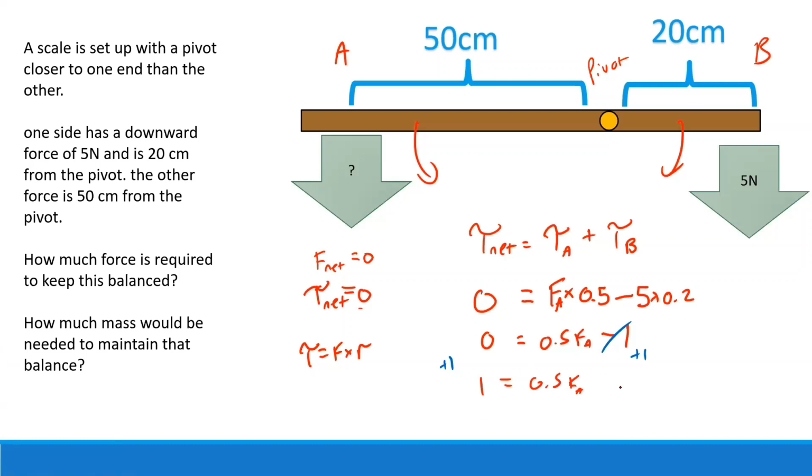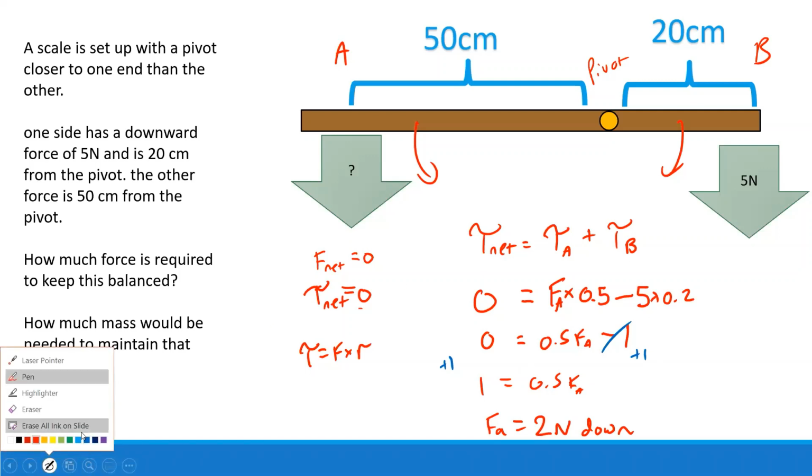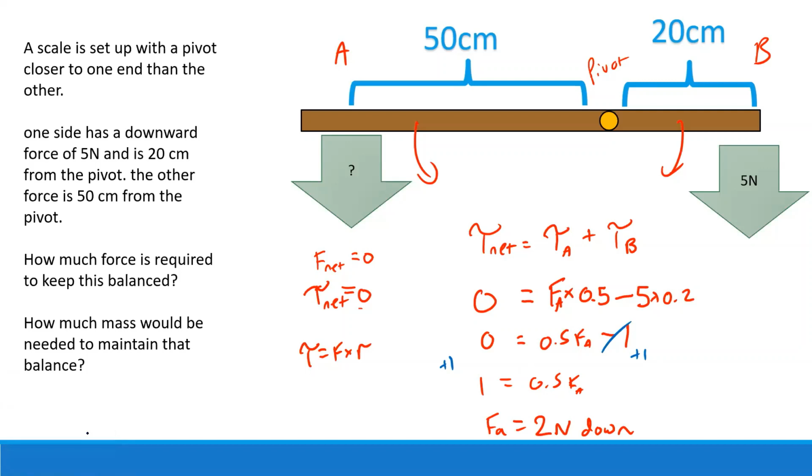That means that ultimately FA equals 2 newtons. And that's how I got 2 newtons down for FA.